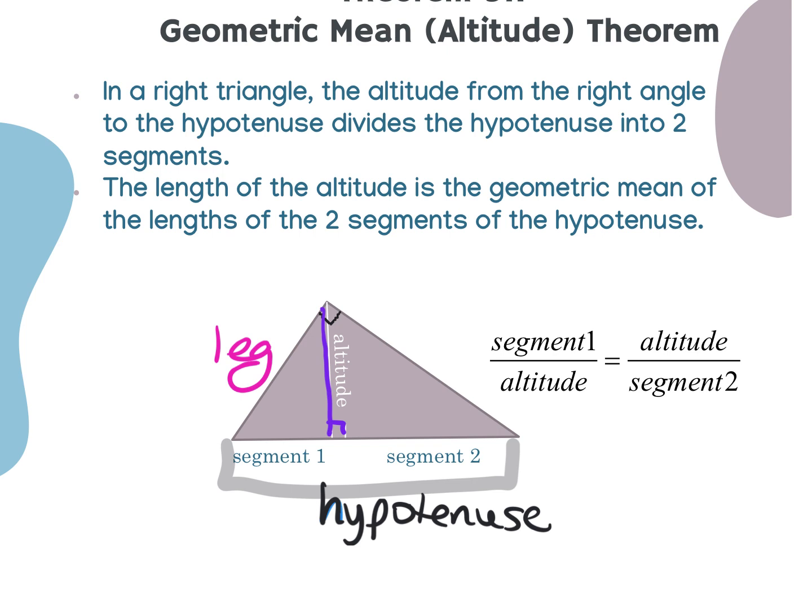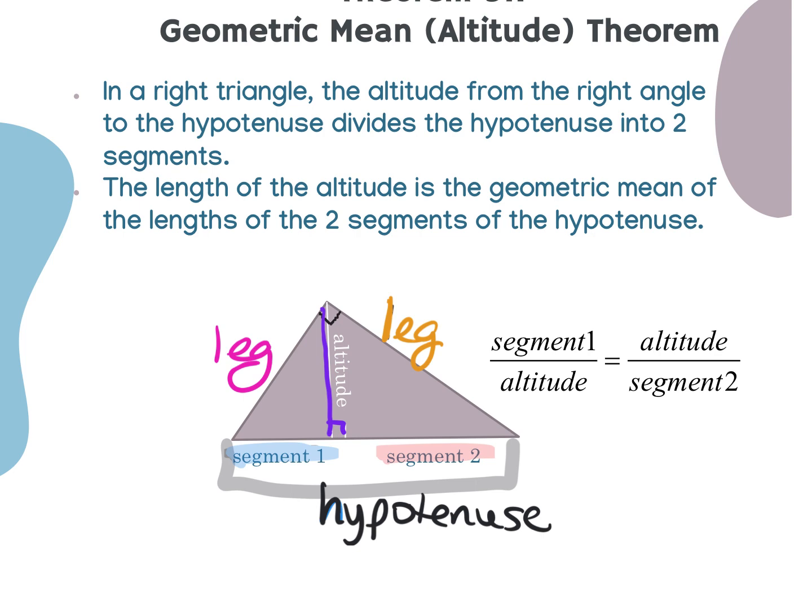It's the side forming the right angle. And then I have another leg over here. I'm going to do this one in gold. And then I have segment 1 here. It's the hypotenuse that was split into two pieces. And then segment 2.